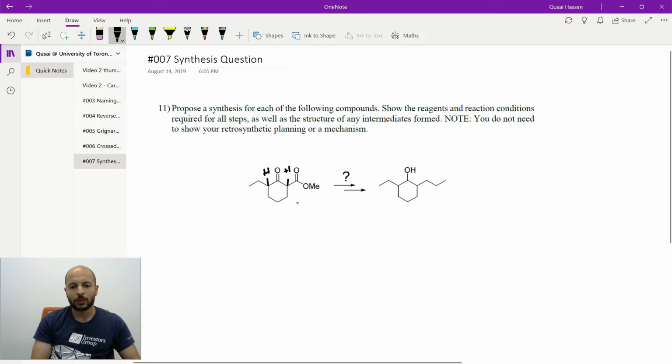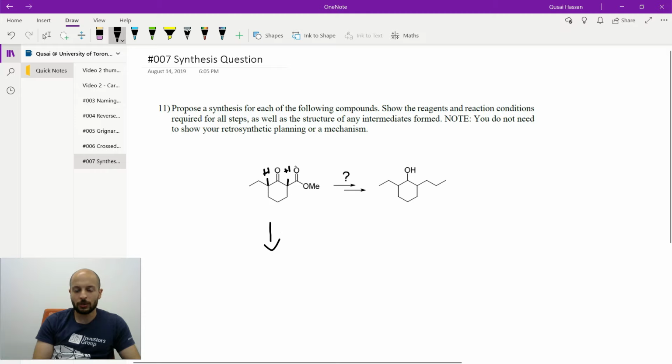We know that these alpha hydrogens are acidic, and we will have to deprotonate it somehow to get this propyl group on it. So that will be my first step. That's how I would go about it. So the first step is to somehow get this propyl group on there. That's what I would do.